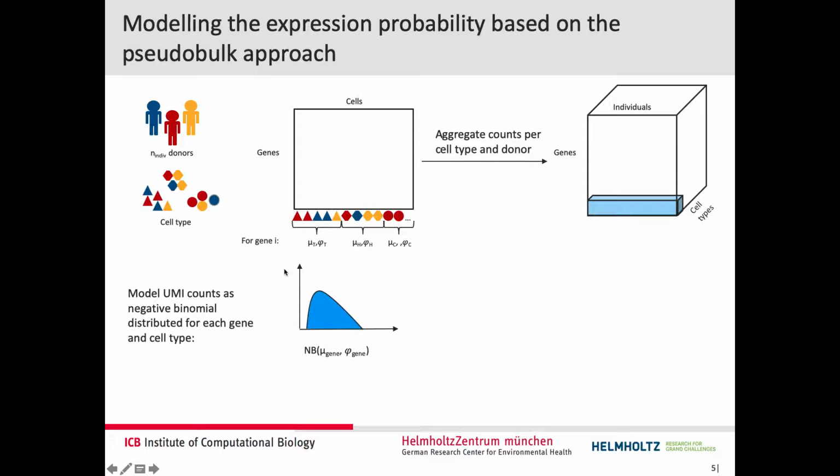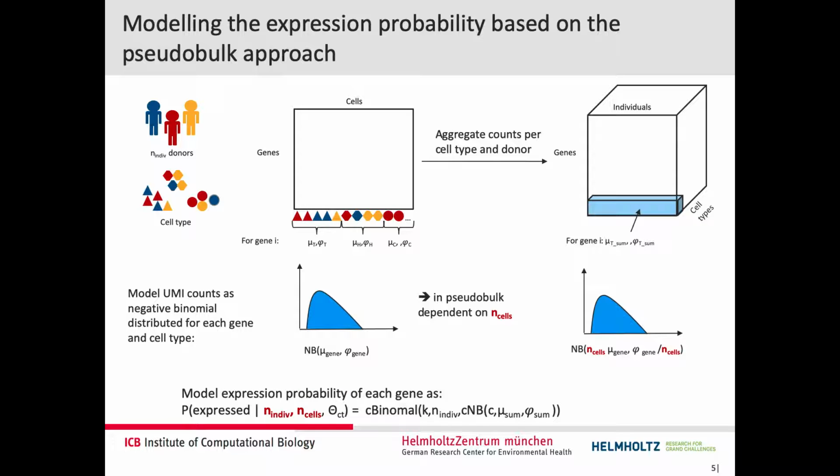We model the count distribution of a specific gene in a specific cell type using a negative binomial distribution, which is well established here. So we have a mean and a dispersion parameter to describe it. And the pseudobulk, because it's a sum of negative binomial distributions, is again a negative binomial distribution, and both parameters are shifted by the number of cells. With this, we already get the first of our main experimental parameters into our model.